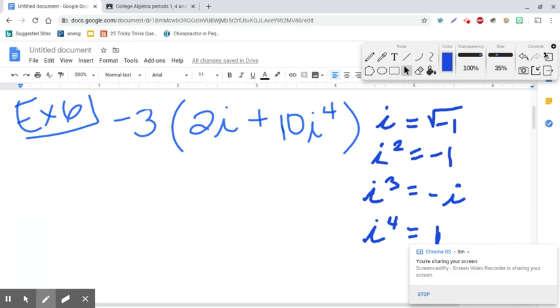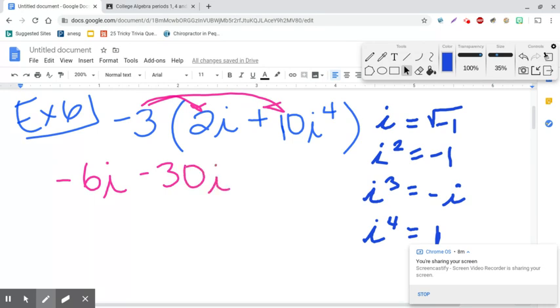So negative 3, well, let me draw my arrows first because we have to distribute, right? All right, negative 3 times a positive 2i gives us negative 6i. Okay, now we're going to do negative 3 times 10, which gives us negative 30. Bring your i to the fourth along with you.